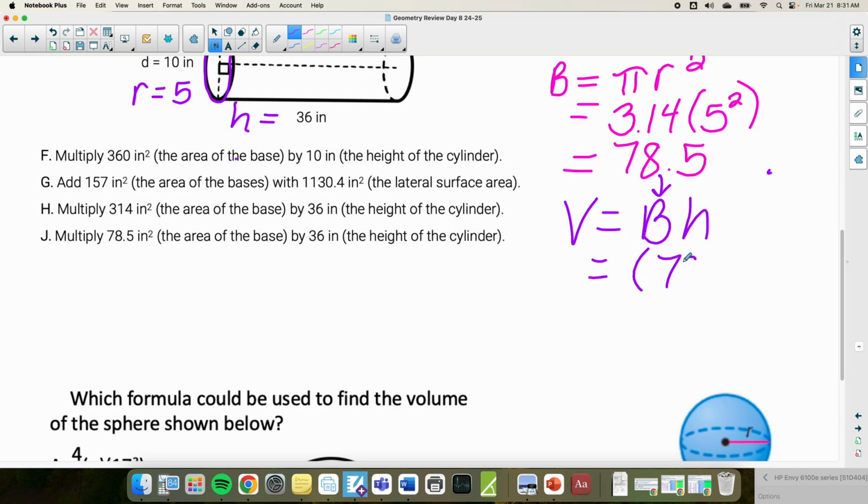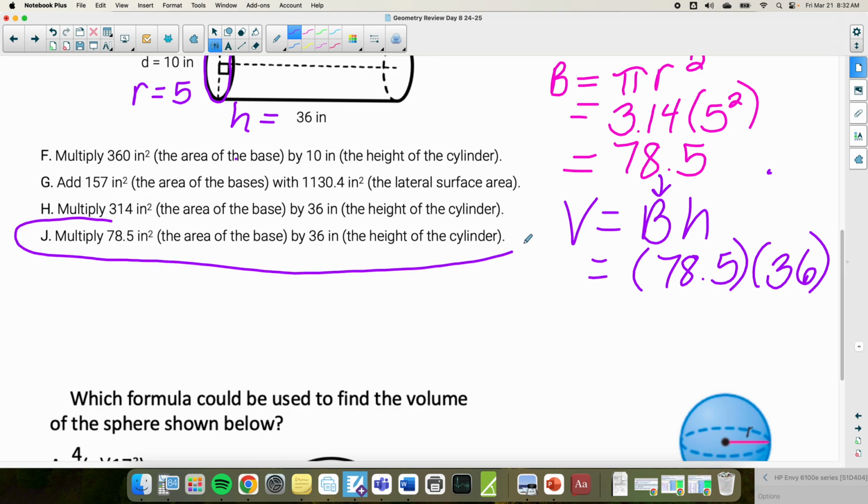So 78.5 is what we got for the area of the base, and our height was 36. And that's as much as we had to do with this one. So multiply 78.5, which is the area of the base, by 36, which is the height of the cylinder. Okay? So that one would be our answer.